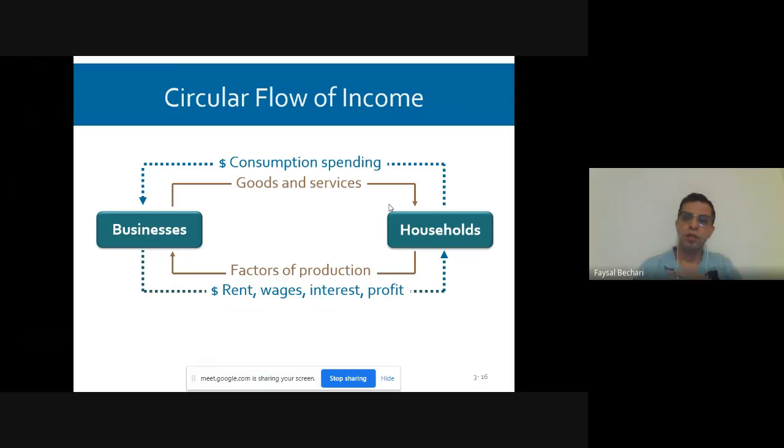Now, the circulation of the flow of income, as we said, is between the household and the business. The goods and services come from business, and the factors of production go to the business, and there is rent, interest, and profit paid to the household in order to buy back.